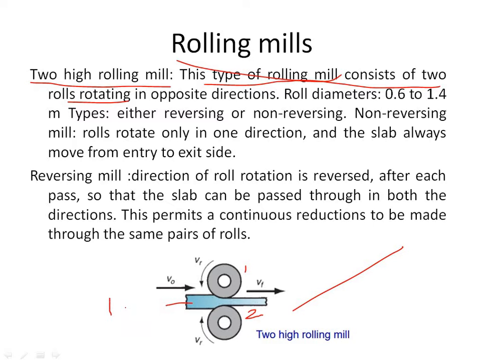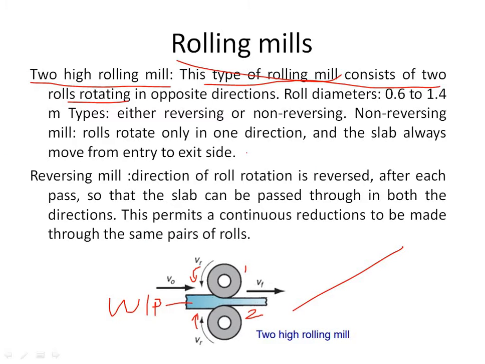This is the workpiece, and above and below the workpiece there are two rollers, and you all can see the arrow marks shown. The directions are opposite, both rotate in opposite directions. This will rotate clockwise and this will rotate anti-clockwise.